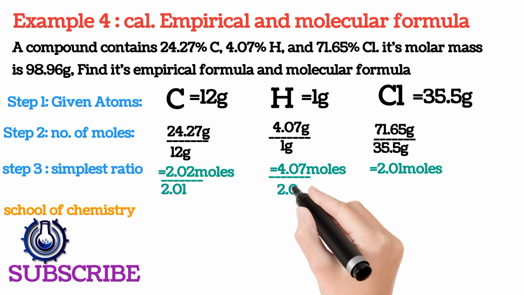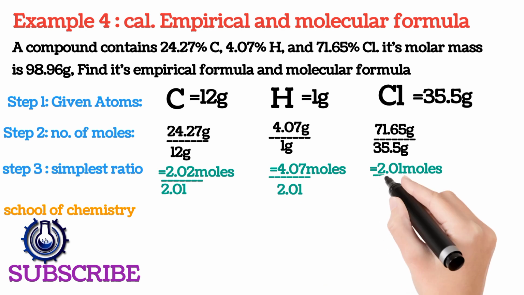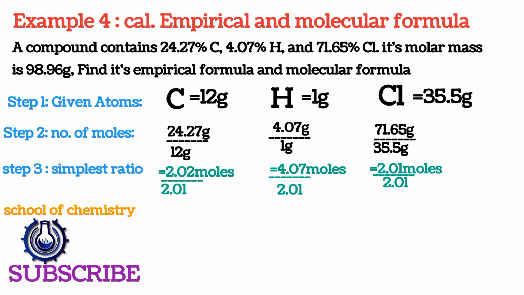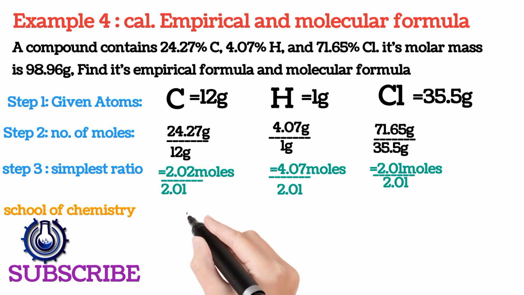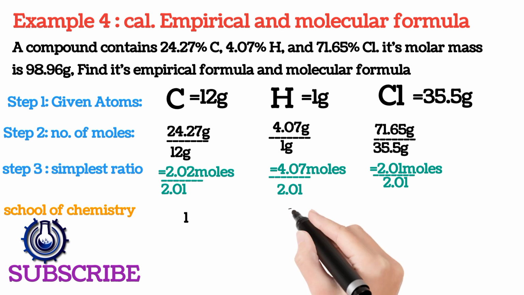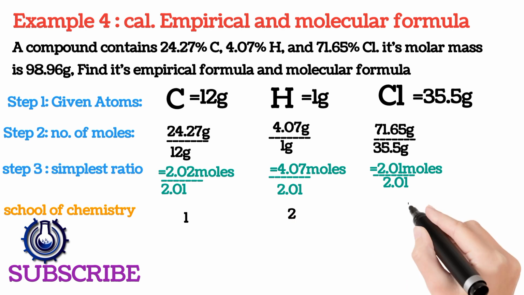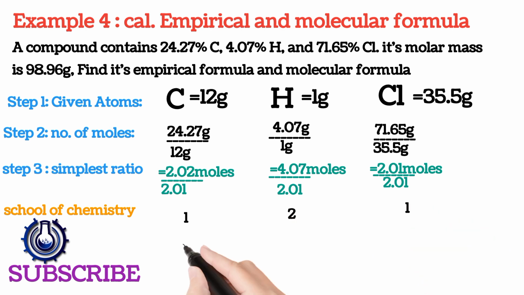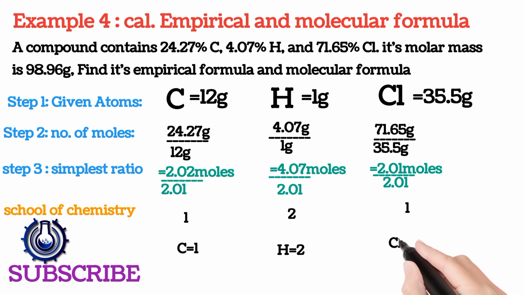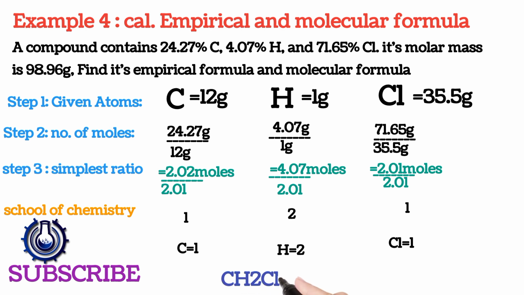So 2.02 divided by 2.01, 4.07 divided by 2.01, and 2.01 divided by 2.01. 2.02 divided by 2.01 is equal to 1. 4.07 divided by 2.01 is equal to 2, to the nearest whole number. 2.01 divided by 2.01 is equal to 1. This implies that carbon is 1, hydrogen is 2, and chlorine is 1. This represents the simplest ratio in which they react. So the simplest formula will be CH2Cl, and that represents the empirical formula of the compound.